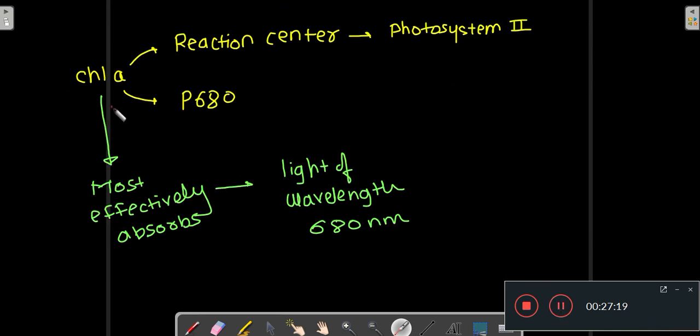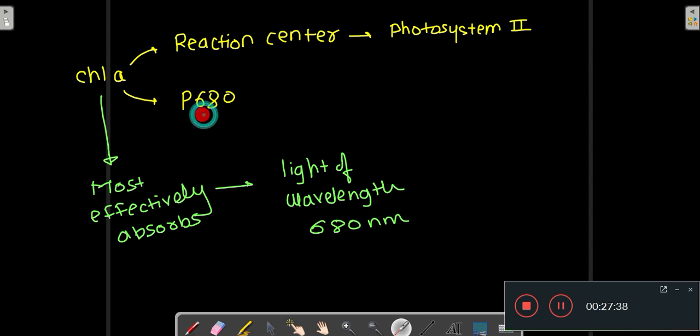Now the chlorophyll A, which is present at the reaction center of the photosystem 2, is known as P680. The photosystem 2 has a reaction center. That reaction center has a chlorophyll A molecule. That chlorophyll A molecule is known as P680. Why?